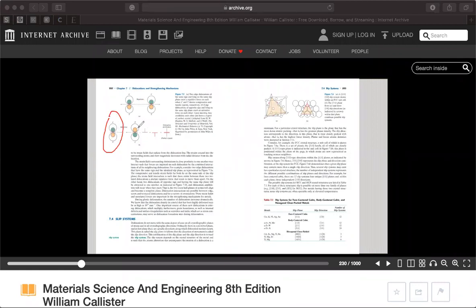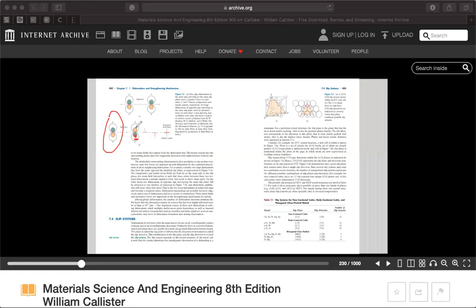Now here it has tensile to the top, compressive to the bottom, because the extra half plane of atoms here will be to the bottom, because this has opposite sign. So if these two come closer to each other, the compressive field might reduce the effect of the tensile field, or maybe they will annihilate each other.